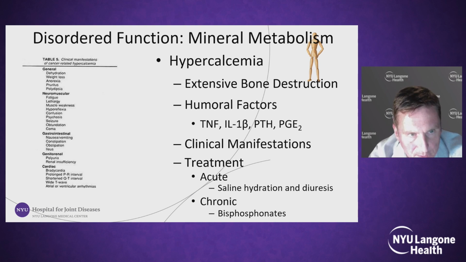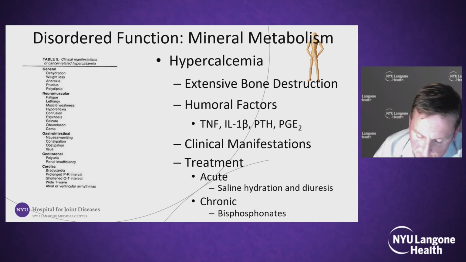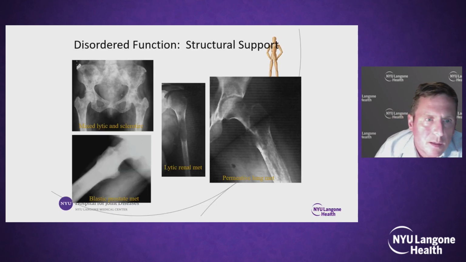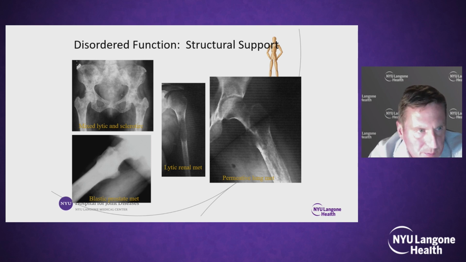But the point is to keep hypercalcemia in the back of your mind, because if somebody has an extensive amount of bone disease, it can go undiagnosed and can be fatal, because it can lead to cardiac arrhythmias. That's why it's so important, because not only do the patients feel poor, they can end up with these life-threatening arrhythmias.